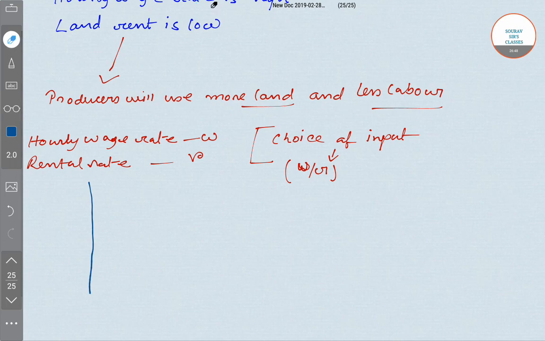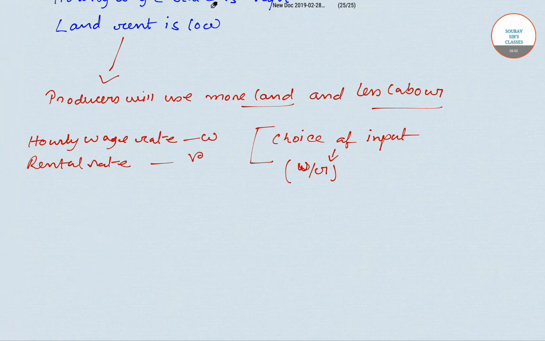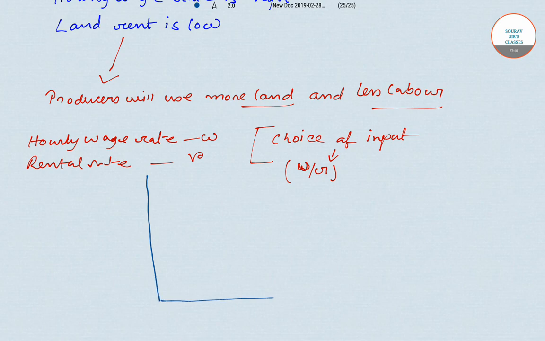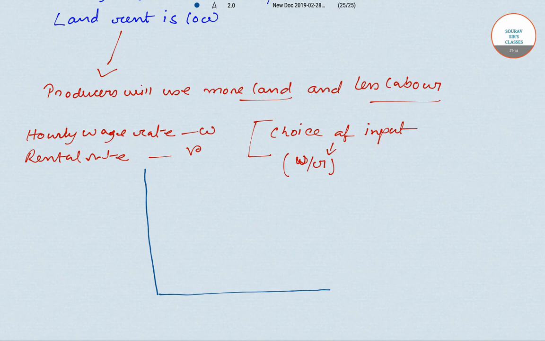So in this diagram, allow me to rub this off. In this diagram, there is a CC line given, just let me redraw it.